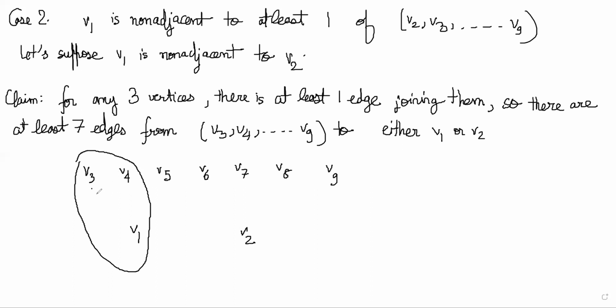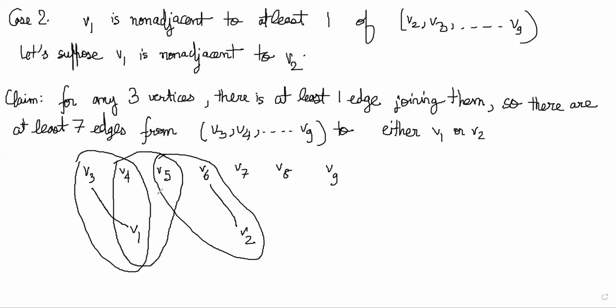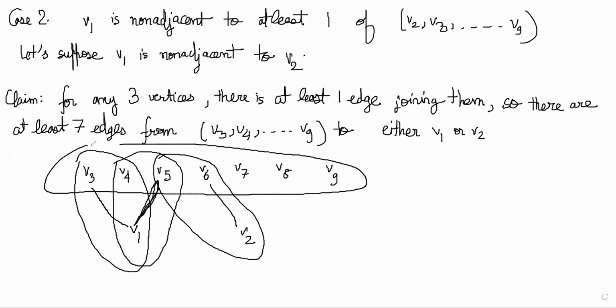So there has to be one edge like this between them. It could also be V4, V1. Similarly, if I take these three, there has to be one edge between them. Similarly, V4, V5, and V1, there has to be one edge between them. So you can take groups like this and convince yourself that there will be at least 7 edges between this set and either V1 or V2.